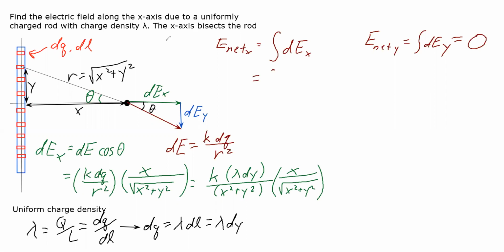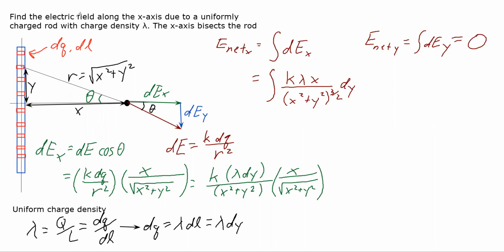Just to simplify it, I have an integral, and what's my dEx? If I simplify that, I get k lambda x over, I'll multiply the denominators there, x squared plus y squared, which gets 3/2 there for the exponent. And then we have our dy.